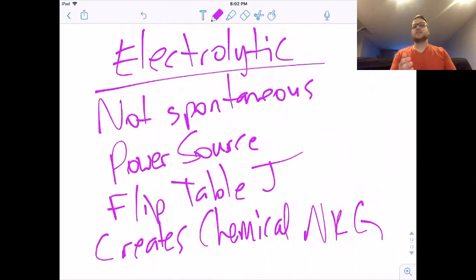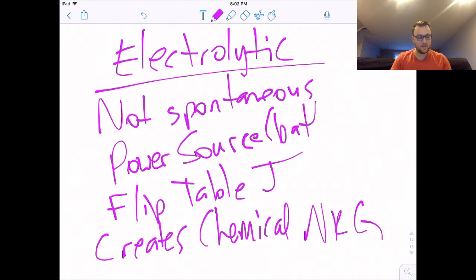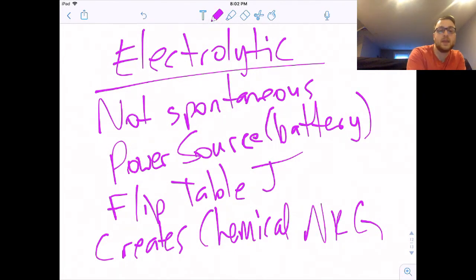And since you needed this power source here, since you needed something like a battery, you flipped table J. You are now causing Pb to lose electrons and send them to Mg. You are oxidizing Pb when Pb wants to be reduced. And since you're doing this using electricity, what you're creating is chemical energy.